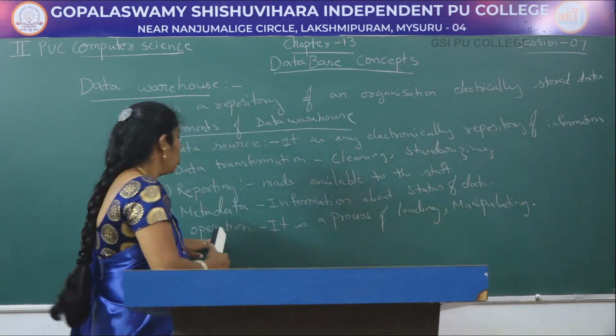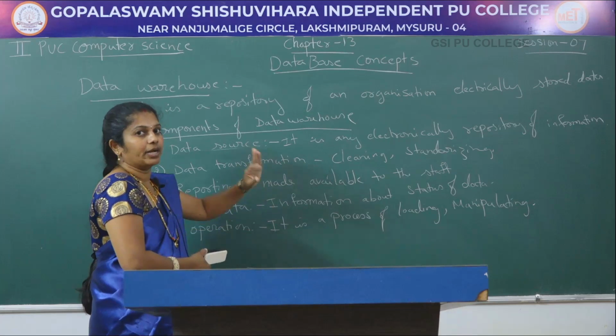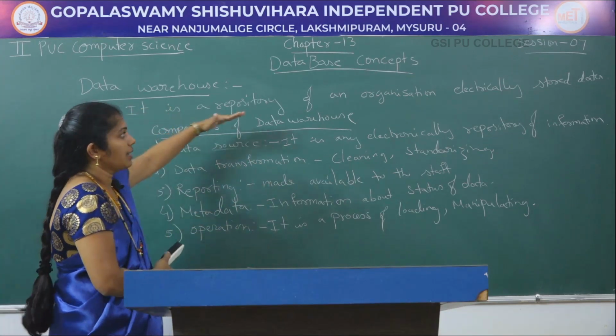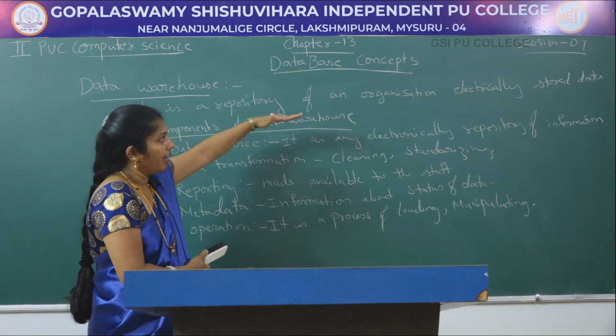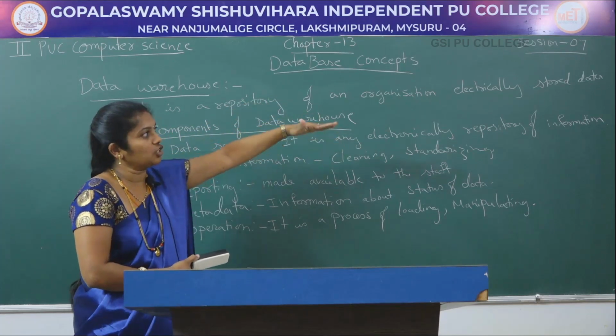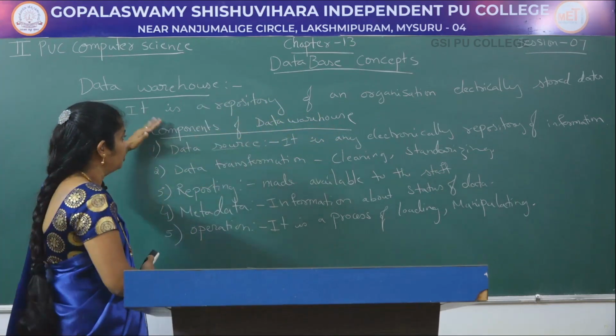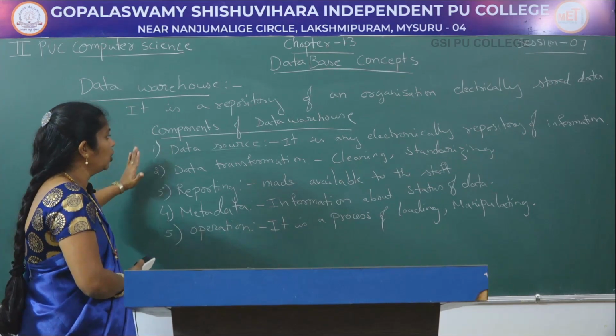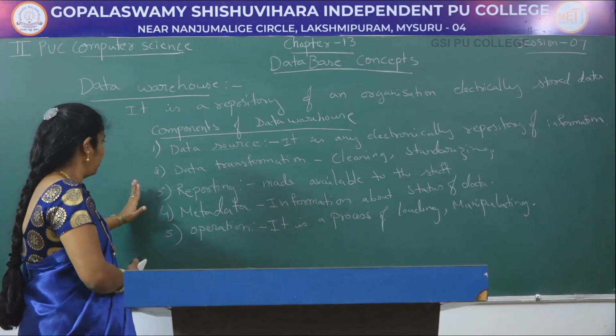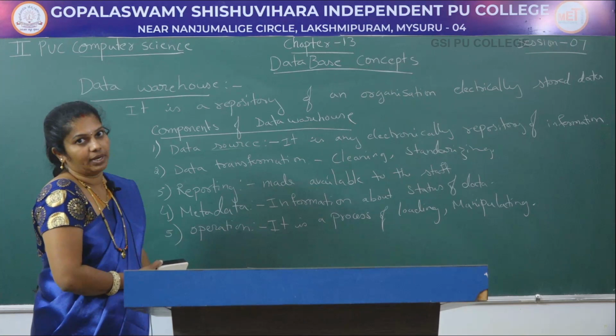That is regarding operations. A data warehouse is a repository of an organization's electronically stored data. Under that, the components are data source, data transformation, reporting, metadata, and operations.